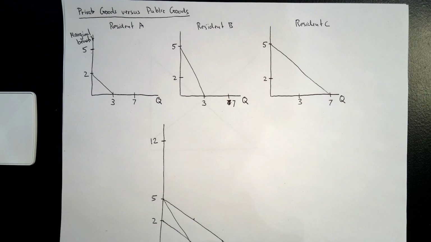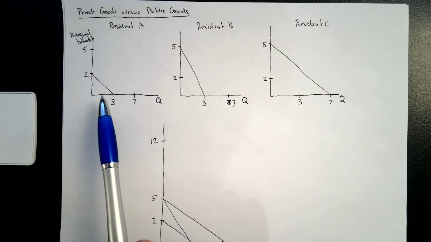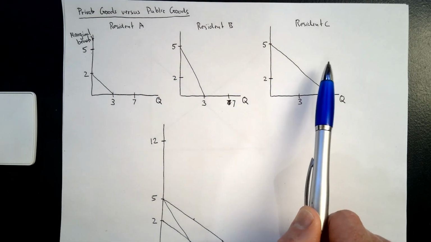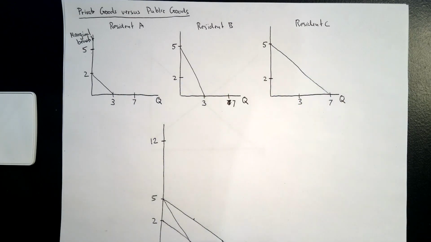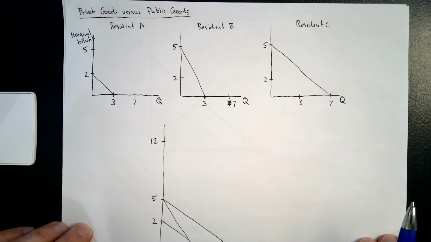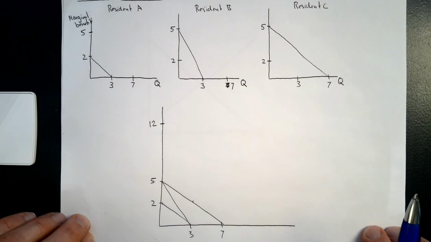Note that this is fundamentally different from a private good, where if 1 unit is provided, that single unit is going to either A, B, or C, but not all three. Hence, that is the reason why we have a public good: everybody benefits from the provision of 1 unit of that good. So we have the three residents, and we are aggregating this.